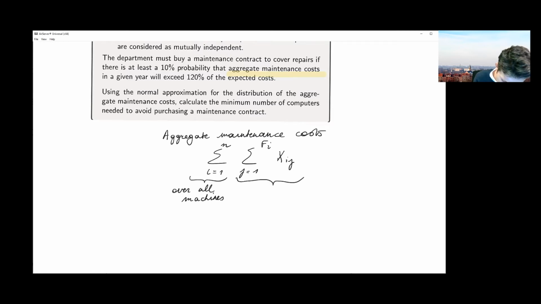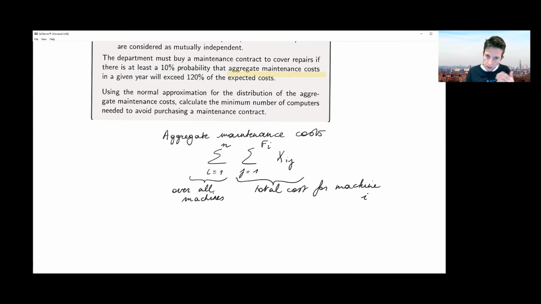And this is then the total cost, or the total loss, for machine i. For machine i, of course, the number of interventions will be random. That's captured by this Fi. And then the cost of each intervention is a random variable again. That's this Xij. All right.